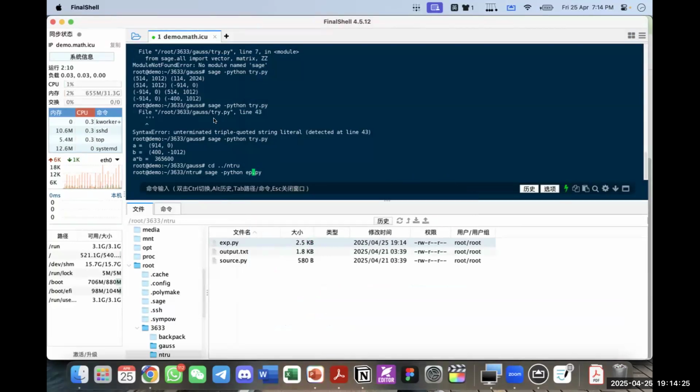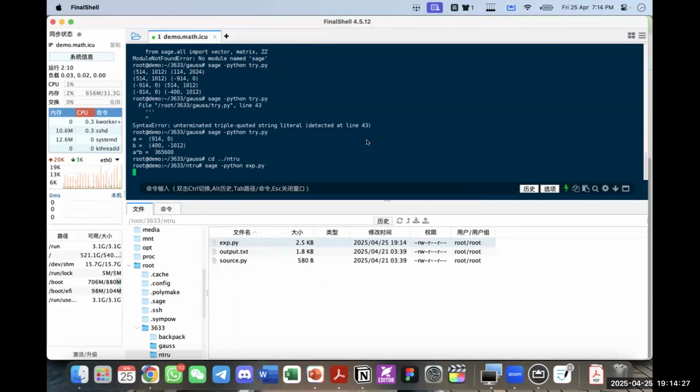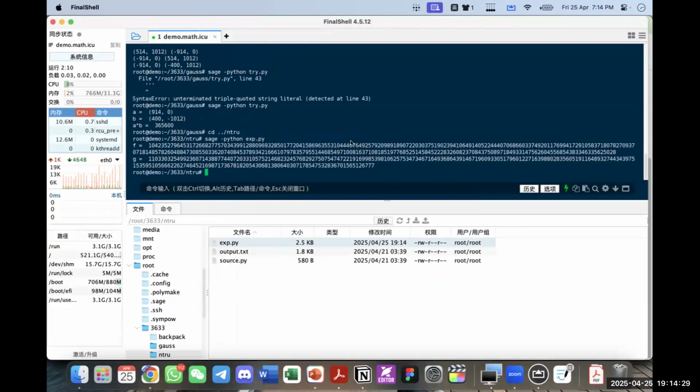Okay, so we output F to be this long string, and G to be this long string.